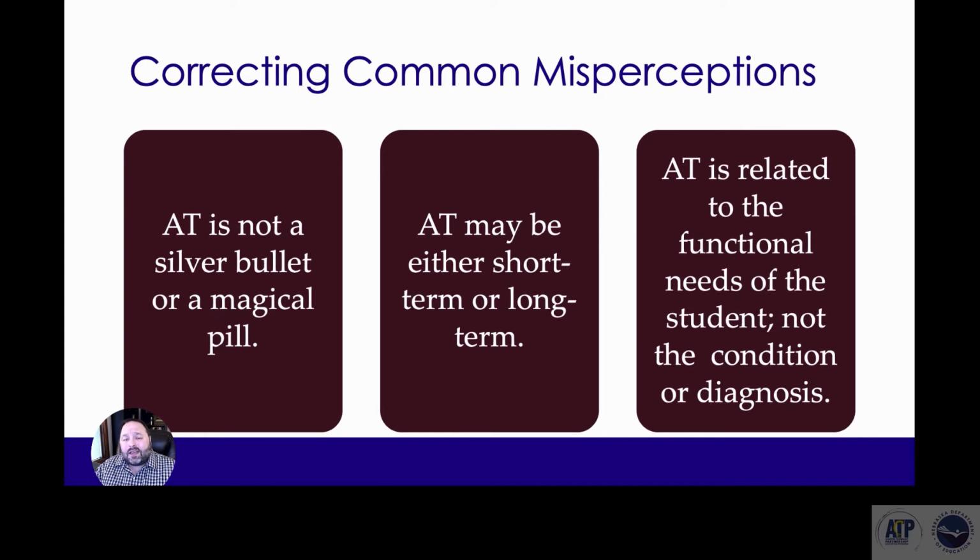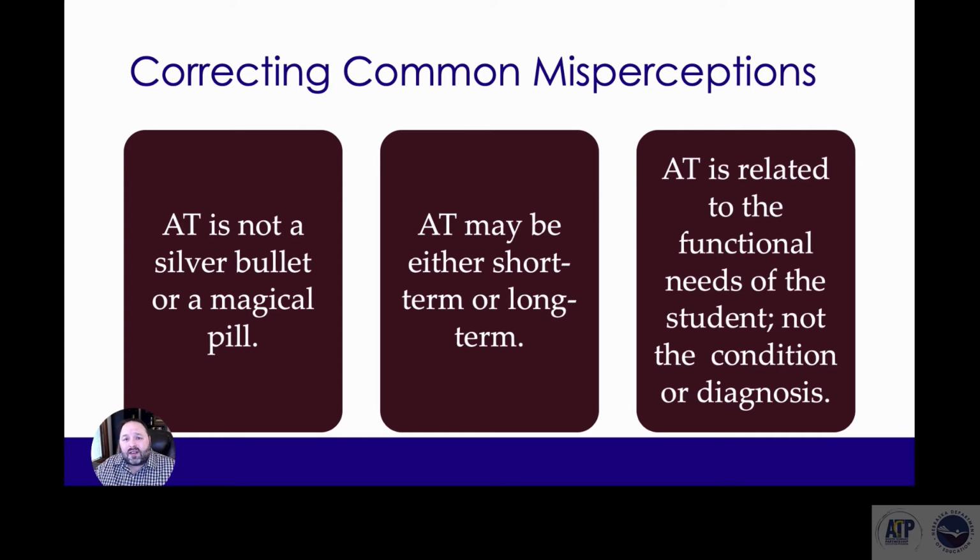Assistive technology is about looking at what a student needs to do, why a student is having difficulty, whether there are things in the context that are impacting, whether it is the effects of the student's disability that's impacting, or some other reason, and then using that information to determine what potential assistive technology is needed. That's a lot, but it has nothing to do with what the condition or the diagnosis is.